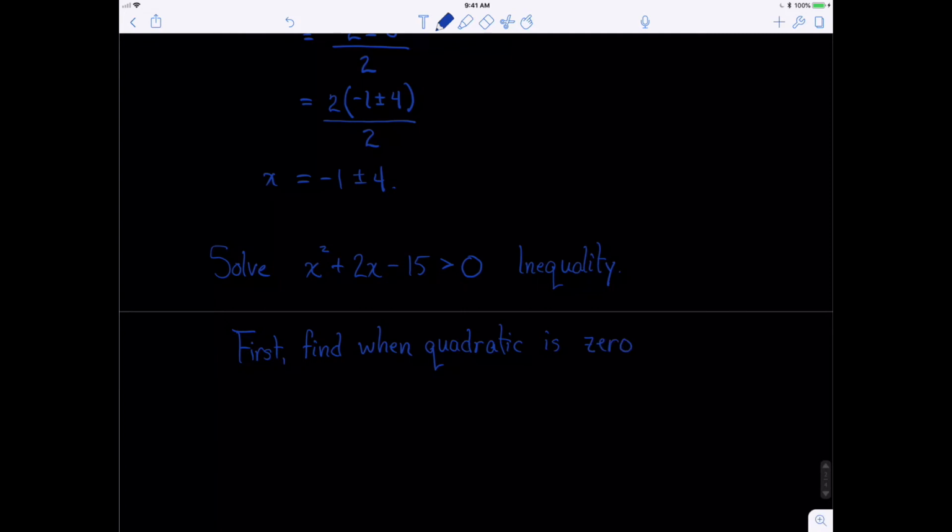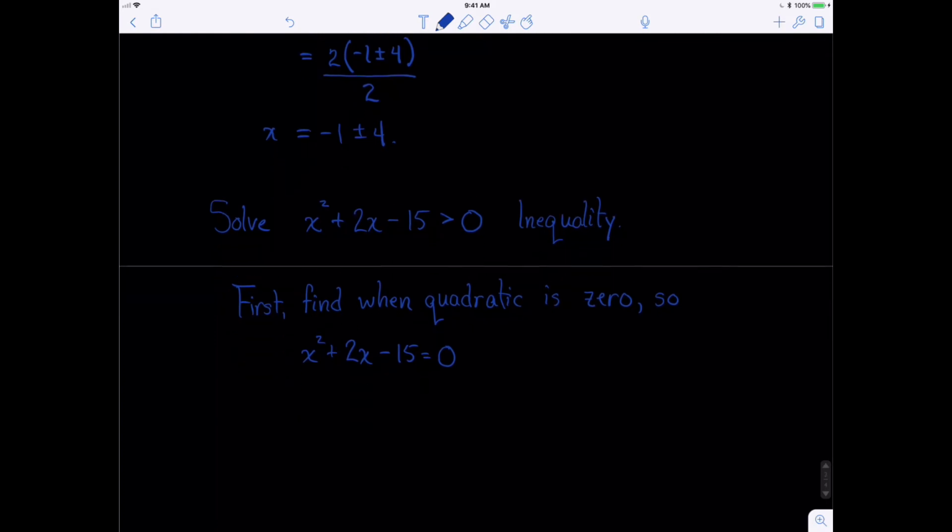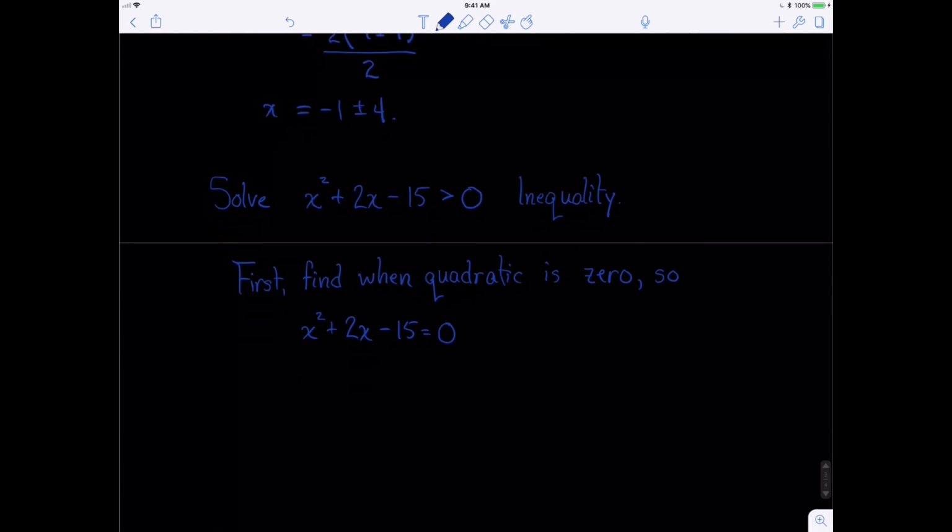So that implies, oops, I'm going to erase that. So x squared plus 2x minus 15, well, we already solved that. We've solved it 3 different ways. And we know now that the answer is x equals 3 and negative 5.